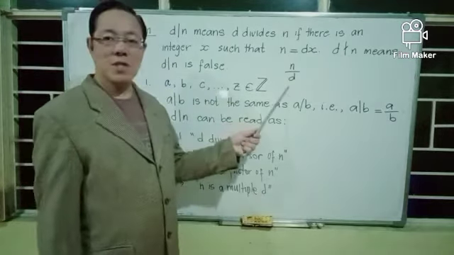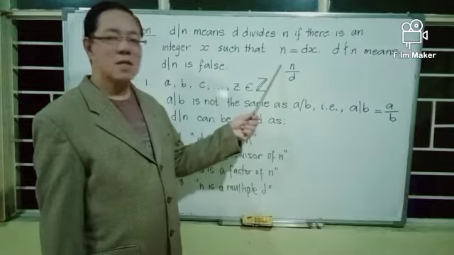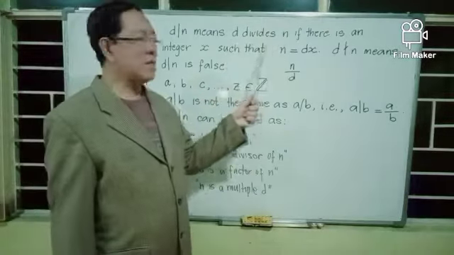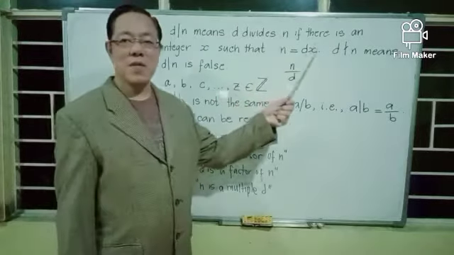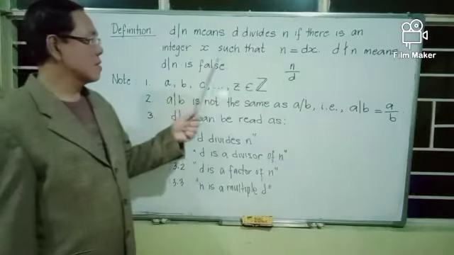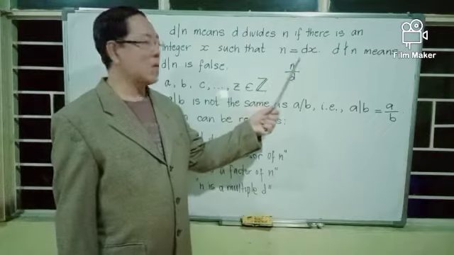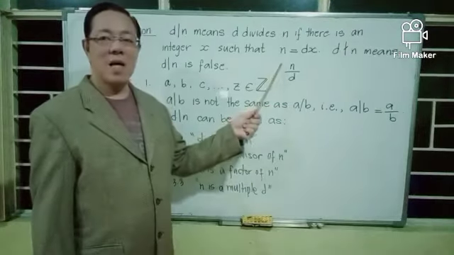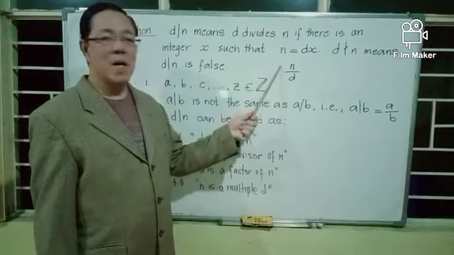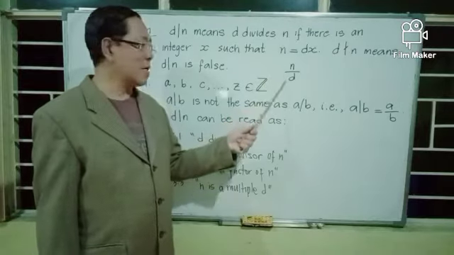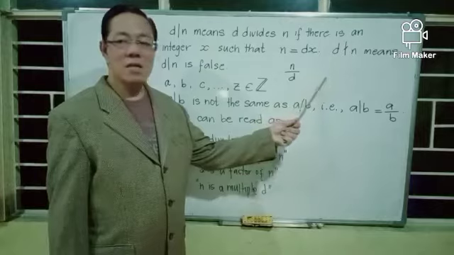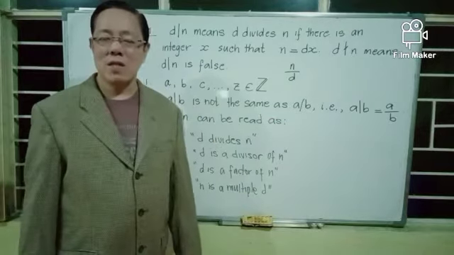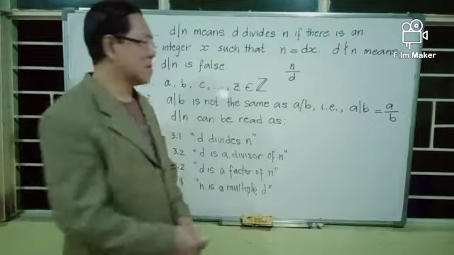In the definition, d is an integer, n is an integer. So d divides n if there is an integer x such that n equals d multiplied by x. If we can divide the integer n by the integer d, then the answer is another integer, and we denote that integer by x.